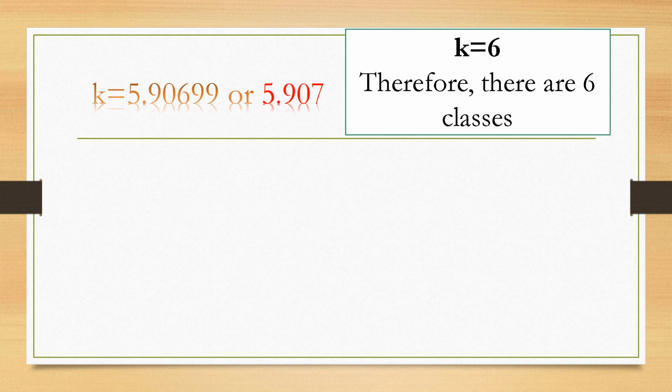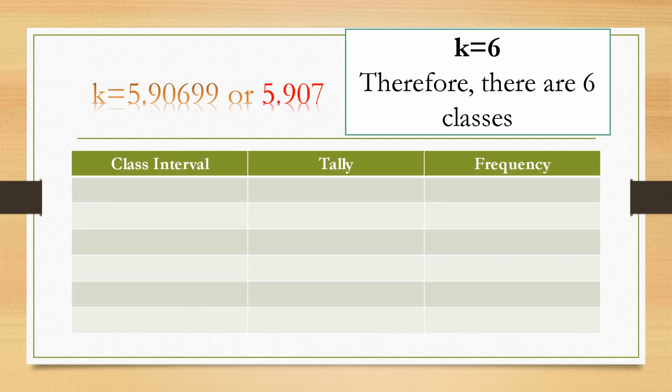Now we can conclude that there are 6 classes. We are going to create a table with class interval, tally, and frequency. The number 6 represents the number of classes: class 1, class 2, class 3, class 4, class 5, and class 6.